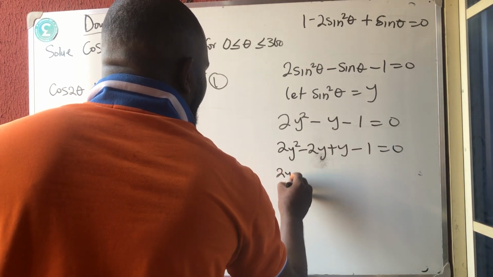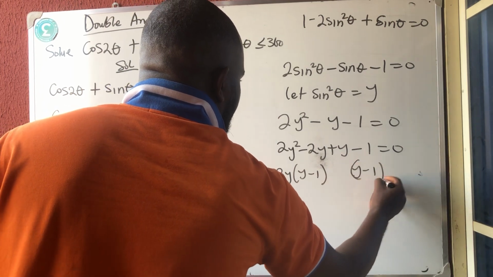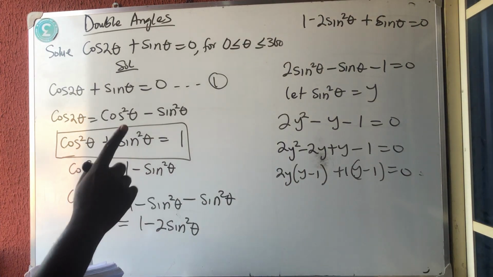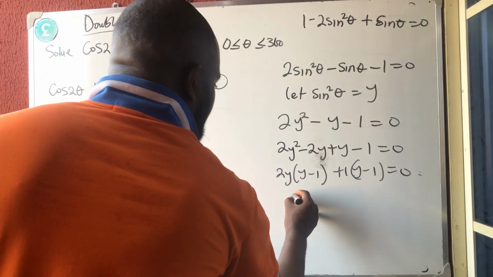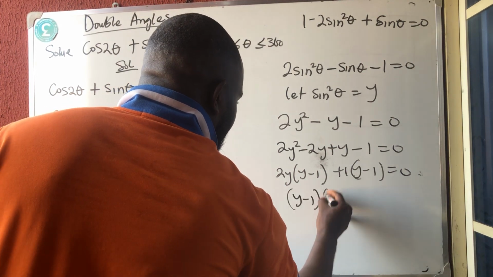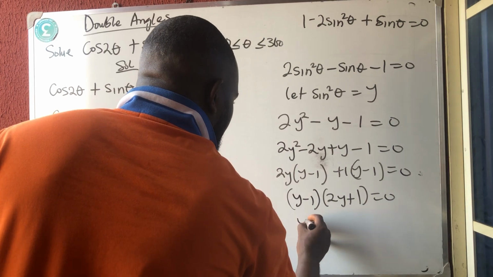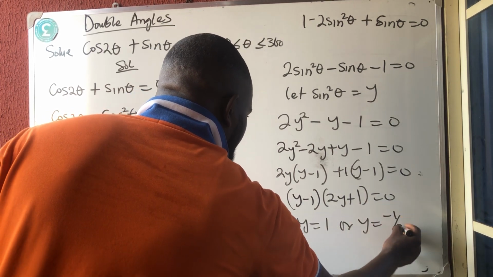So I'm having 2y bracket y minus 1, plus 1 bracket y minus 1 is equal to 0. If you don't understand this method, go to my video on the factorization method of quadratic equations. So this is y minus 1 and 2y plus 1 is equal to 0. Therefore y is equal to 1, or y is equal to minus 1 over 2.